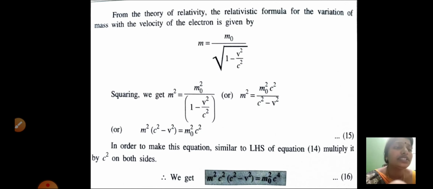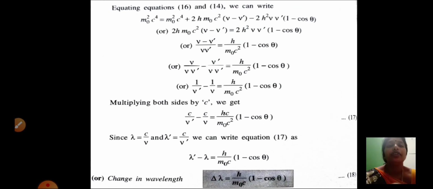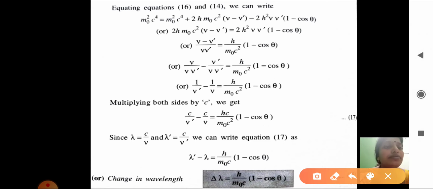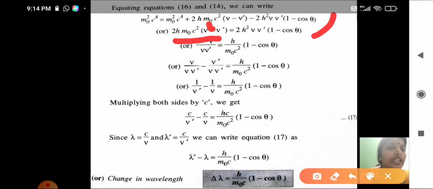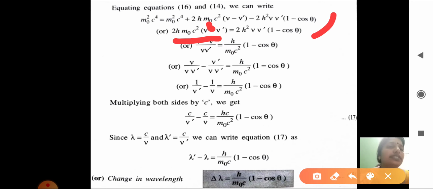In equation 16 and the 14th equation, we substitute and equate. Simplifying this term, m naught squared c to the power 4 and m naught squared cancel, plus and minus. The remaining term 2h m naught c squared into nu minus nu dash, you write it just as it is here, and that is equal to minus this side coming plus, minus this side coming plus, 2h squared nu dash into 1 minus cos theta.